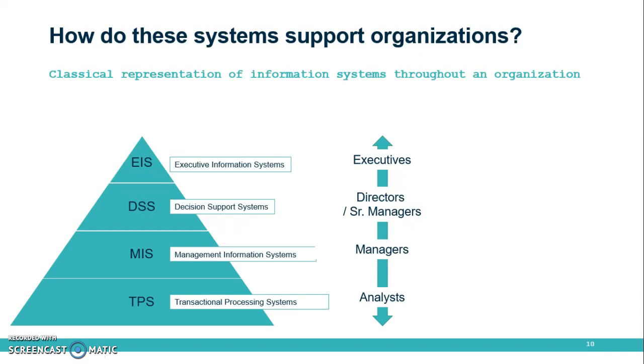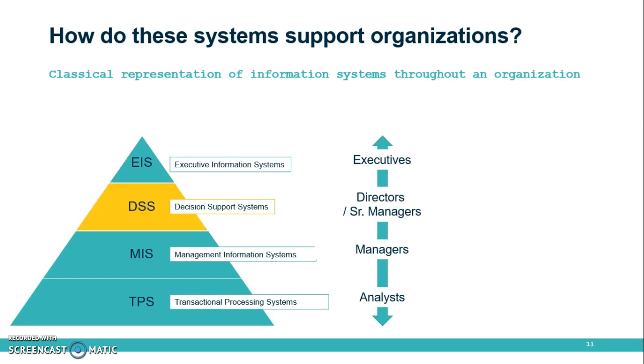So an EIS or executive information system would be used at the executive level. DSS would be used for directors, senior managers, management information system managers, and the transactional processing systems, like processing an order through ERP. An ERP system, for example, would be something on the analyst level.